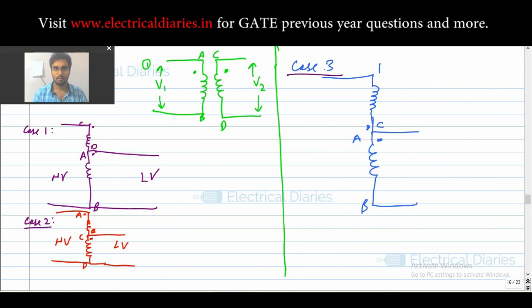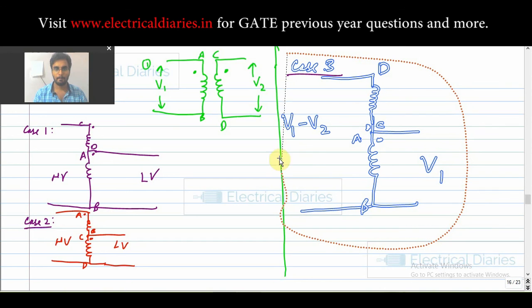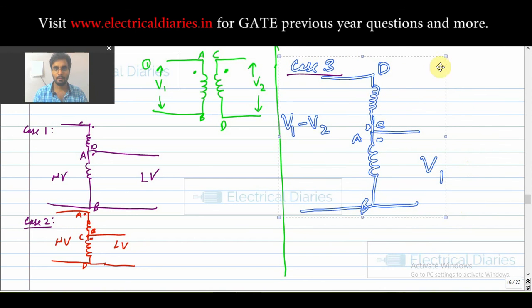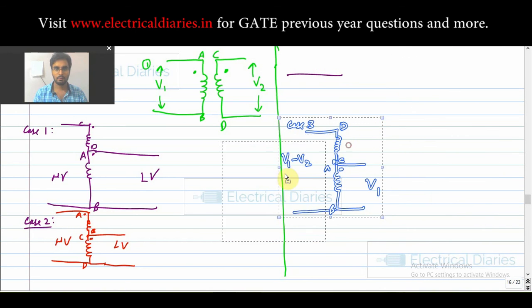This will be your D. So this is now your subtractive polarity. I have taken AB as common. So this side will be V1 and this side will be V1 minus V2. Again this is one case. So this was your case 3.